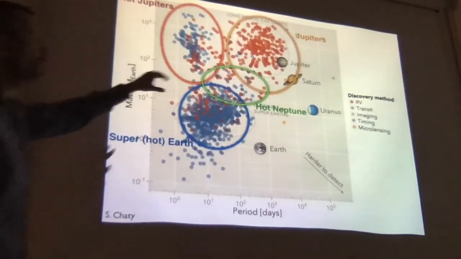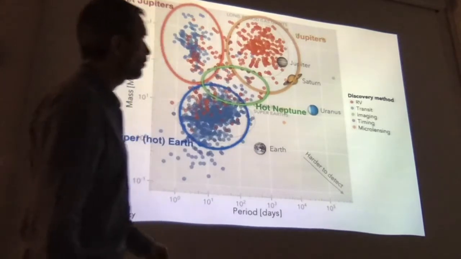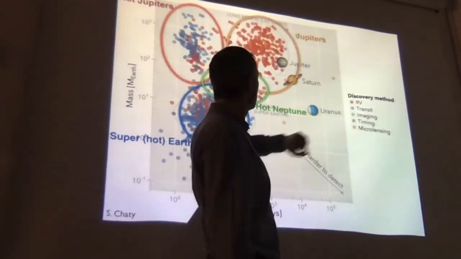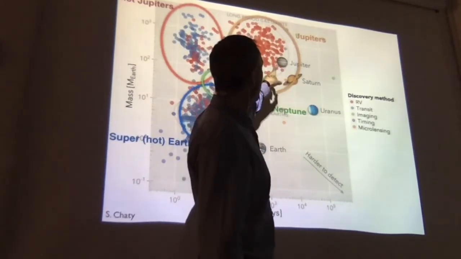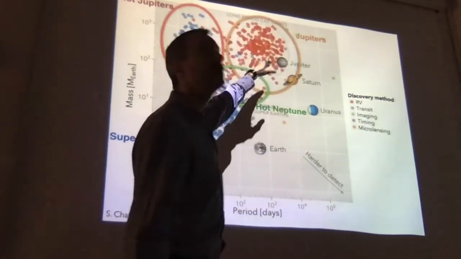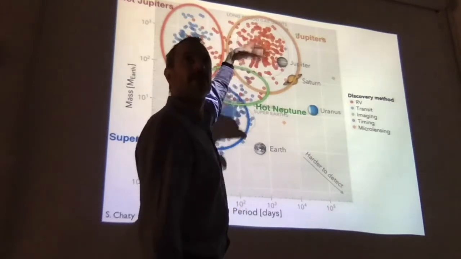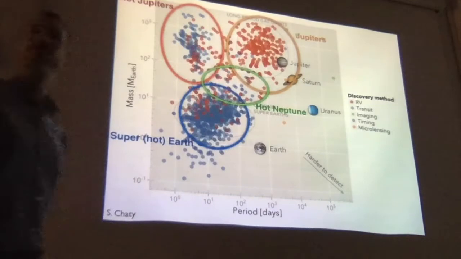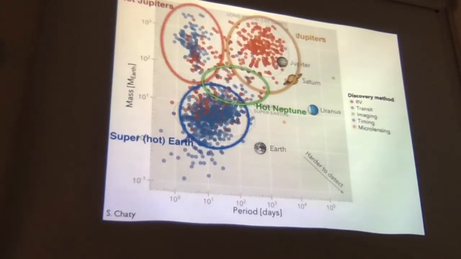You see we have some with the transit and the radial velocity, but not many. So Earth is here, Uranus is here, Jupiter, Saturn. Jupiter is inside the Jupiter group, which is nice, but not in the middle. It's not a typical Jupiter planet.